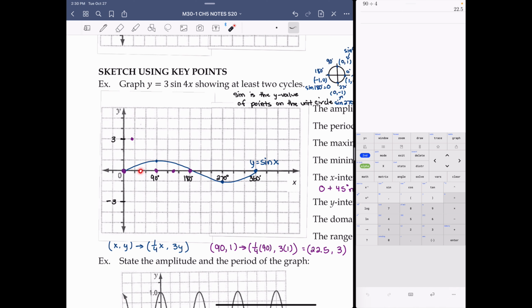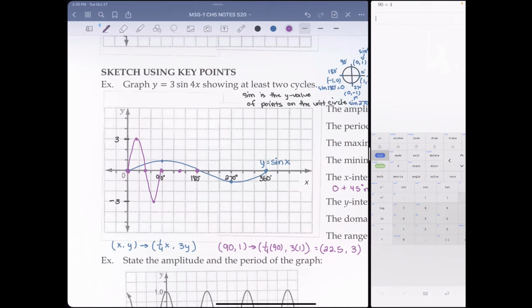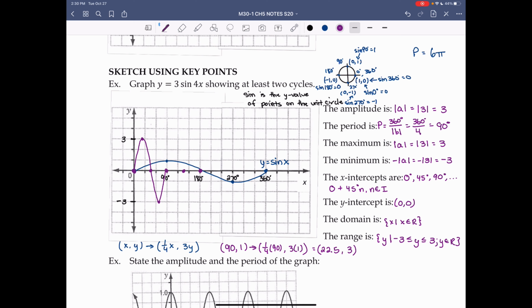Then between the next two x-intercepts, we need to go down to a minimum. So halfway between those two x-intercepts is about there, and go down to -3. Then we can join those points together. And we get 1 period of our function y equals 3 sine 4x.